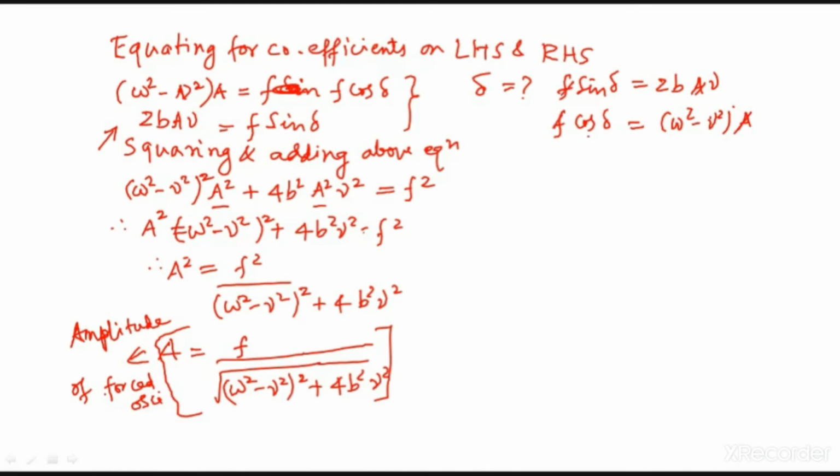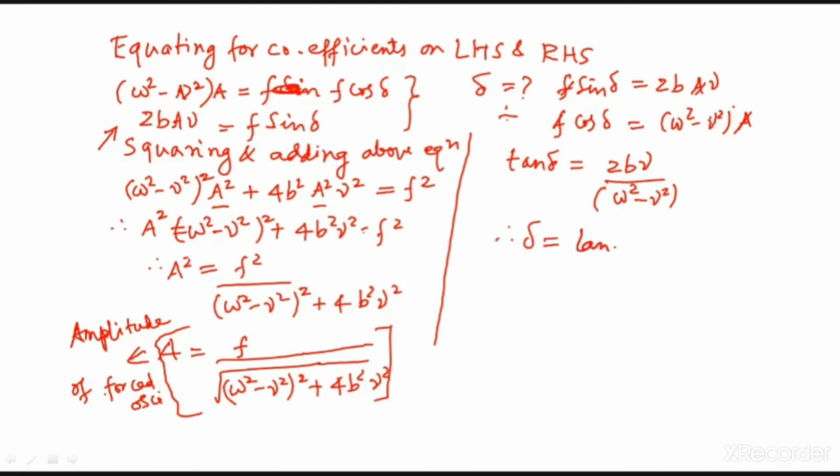If you divide these two, f and a will go, and I'll get tan delta is equal to 2b mu by omega square minus mu square. Therefore, I can get the phase angle as tan inverse of 2b mu by omega square minus mu square.